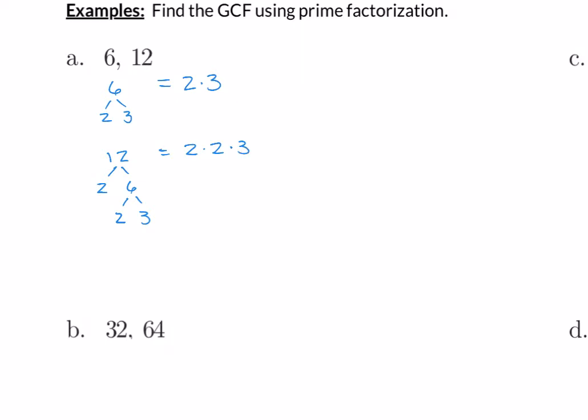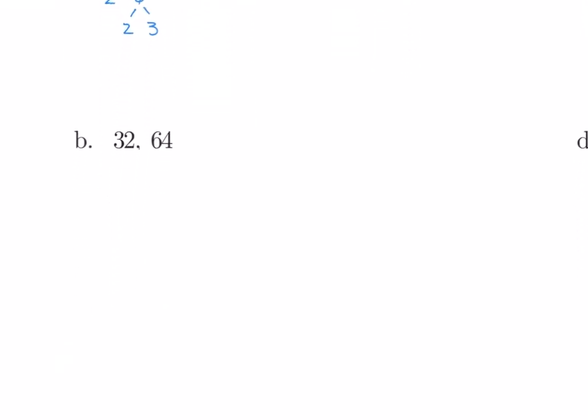Now when I'm looking for GCF, I don't use exponential notation. I like to write it out in expanded form. All right, so what do they have in common? We have a 2 times a 3, and if we multiply this together, we get 6, which is what we got when we talked about using lists. Okay, a couple other ones.